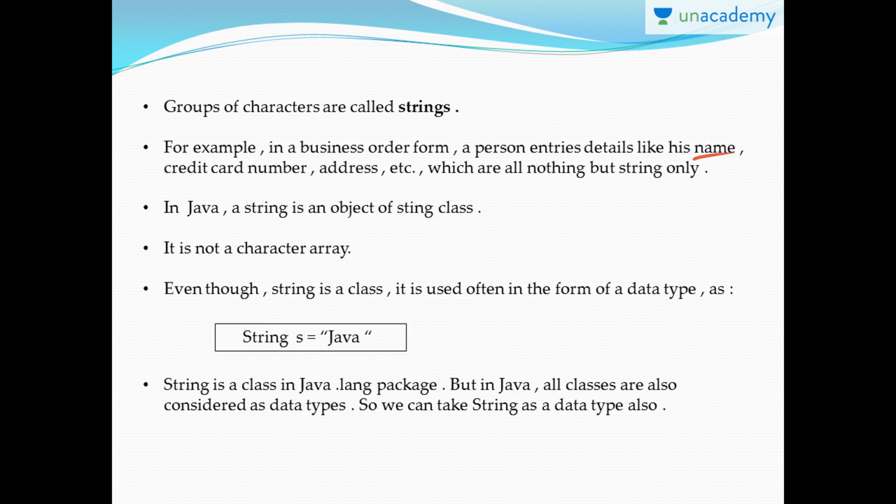Even though string is a class, it is often used in the form of a data type. Like I said, in a string you can store Java here. I said my name previously. String is a class in the java.lang package, but in Java all the classes are considered data types. So we can take string as a data type as well, and here a group of characters is stored.